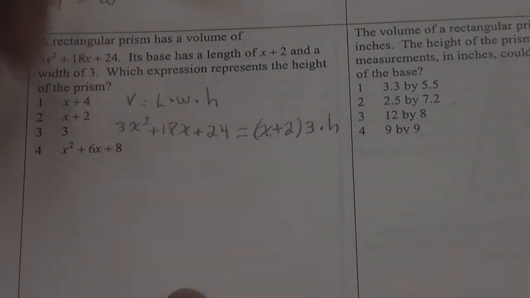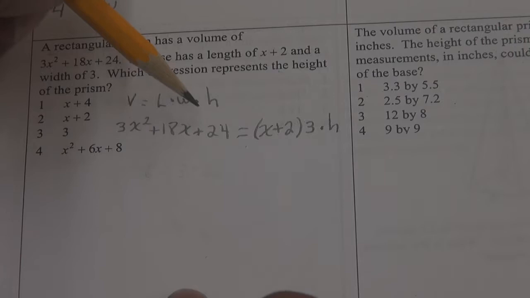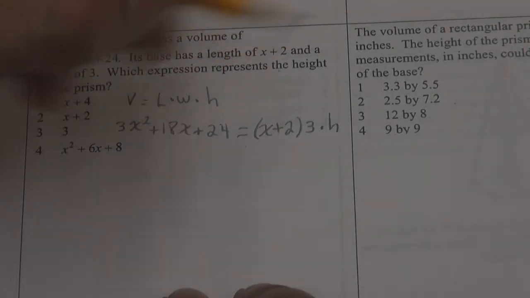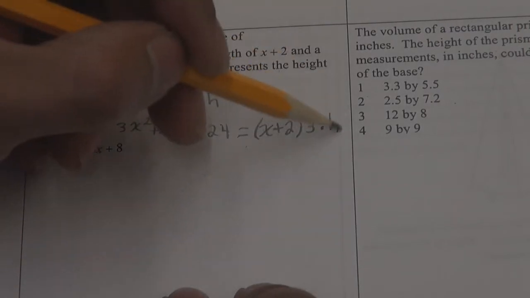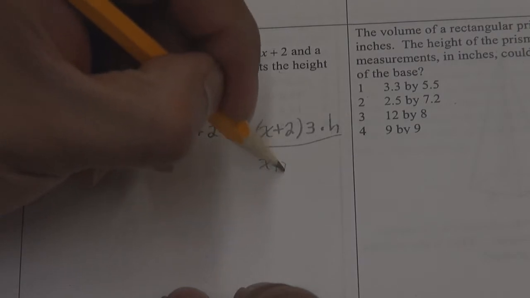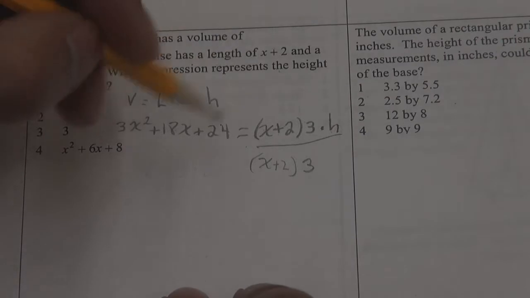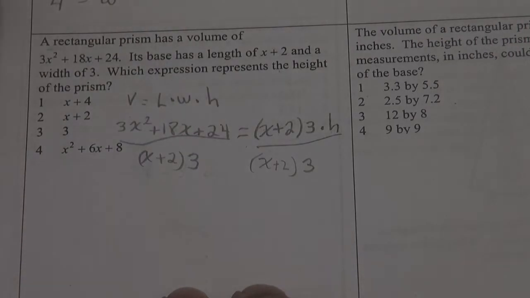So then what am I going to do? I'm going to divide. I'm going to solve for h, right? I don't want you to think of it as an equation. I want you to think of it as a real world problem. So I'm going to divide h by this. Divide by x plus 2 times 3, on both sides.